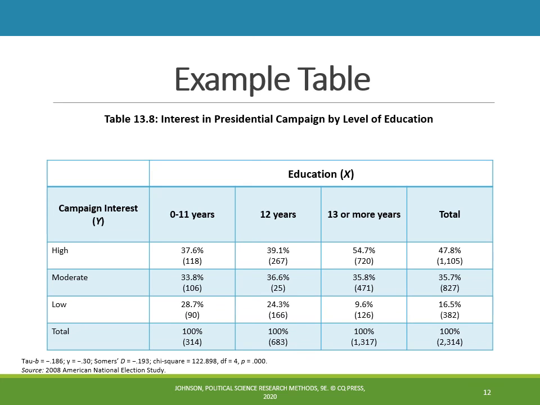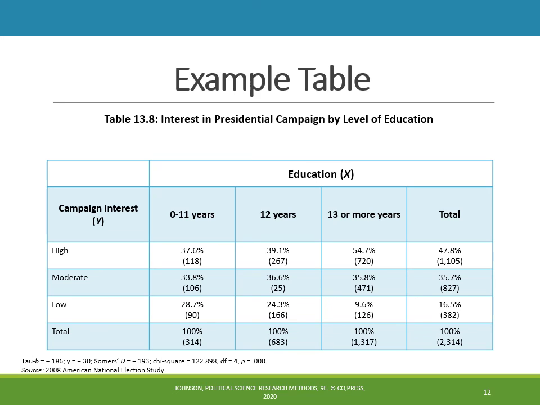So looking at this table, high interest in campaigns is highest among the highest education group. Moderate interest is highest among the moderate education group. And low interest is highest among those with the lowest education.